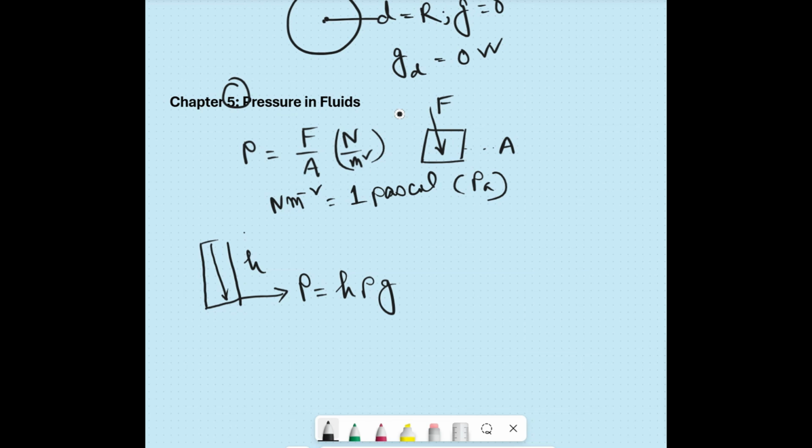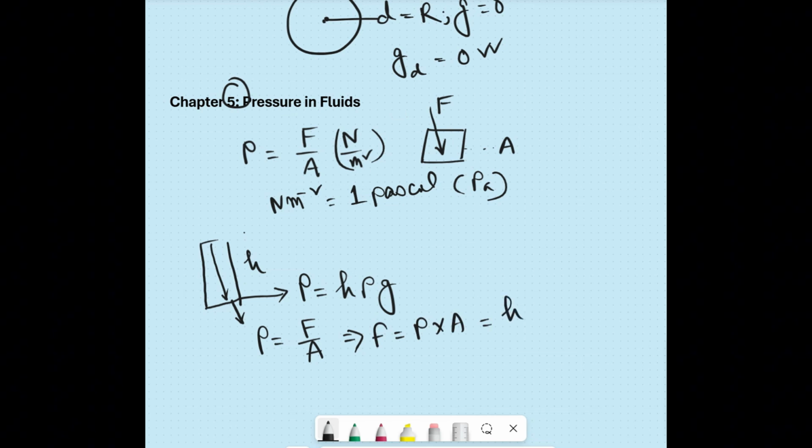And of course, if we could calculate the force as well, how could we calculate the force here? Let's see. We know P equals F by A, so we could write F equals P times A, and what is the value of pressure?